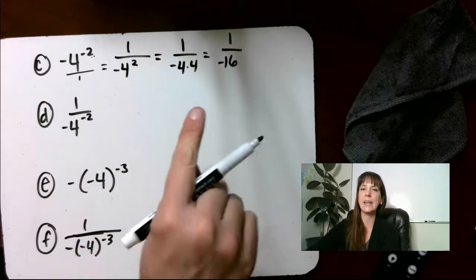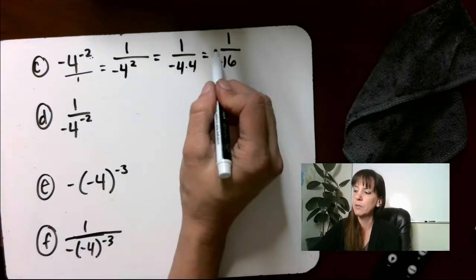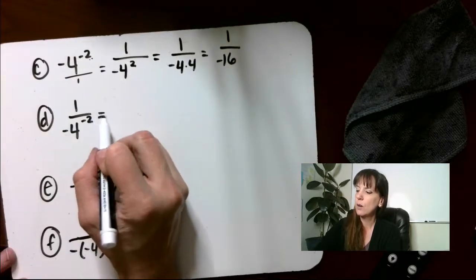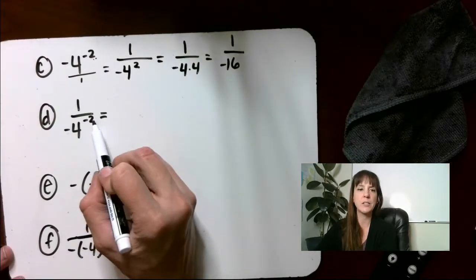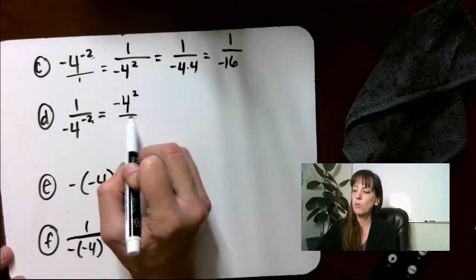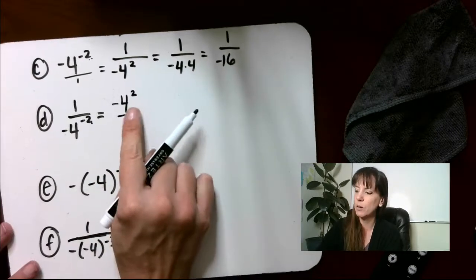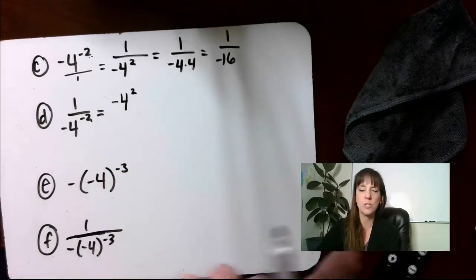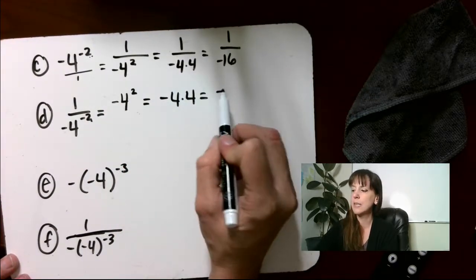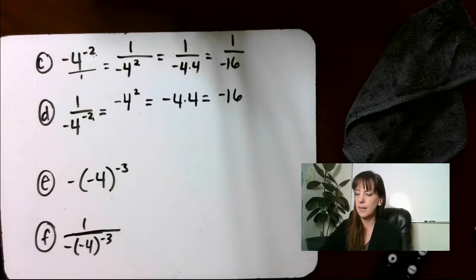Again, that negative can be on the top, bottom, or even in the middle if you wanted it right there. That's fine. All right, so downstairs we have a negative attitude, so we're gonna move that upstairs. So it's -4 to the 2 over 1, but we don't typically write if it's over 1, so I'm just gonna get rid of that. Just wanted to show you. Equals -4 times 4, which equals -16, okay?